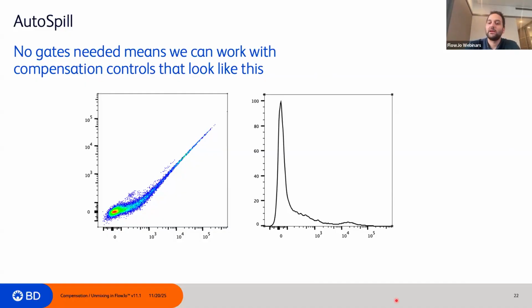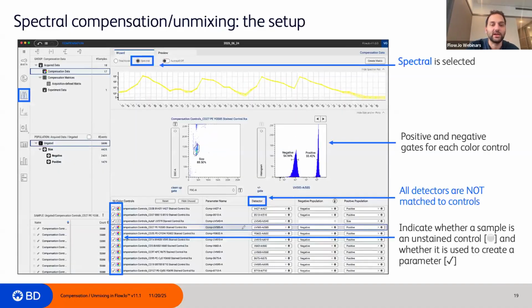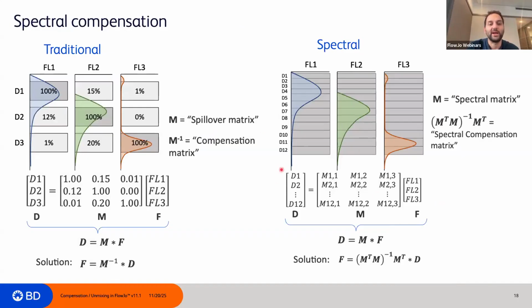So Julia, it is just the same thing as I showed earlier. If you think of spectral, you have all those different detectors, and all of them are used to detect those three fluorochromes.